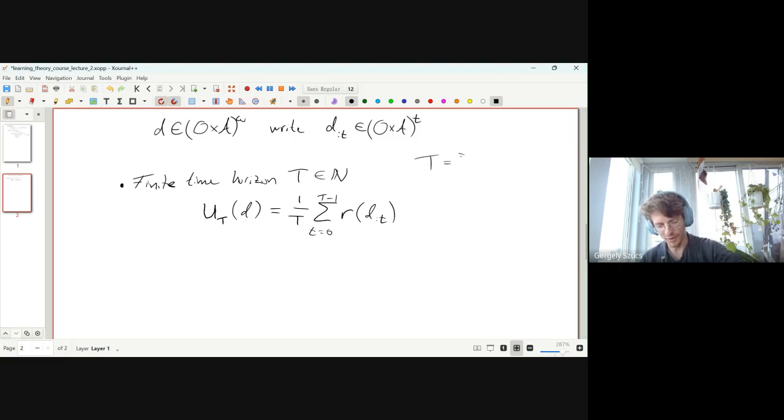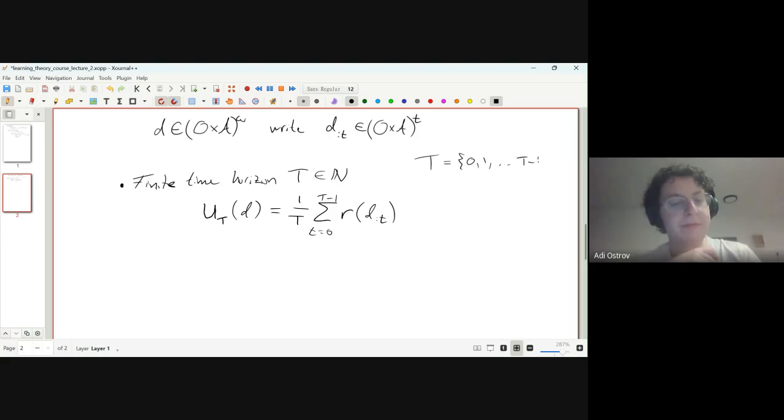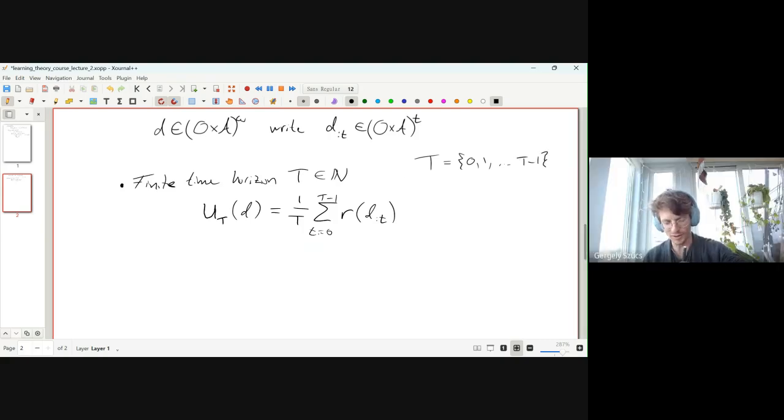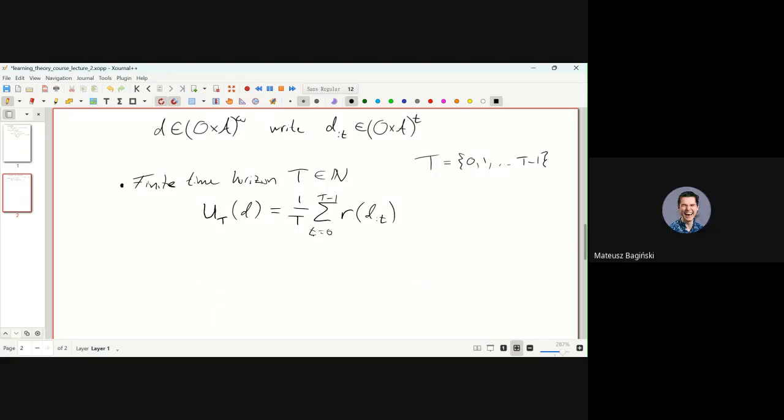Sometimes you can think of a number as just the list of indices of that number. I wrote little t and capital T, but maybe this is clear. We are constructing a utility function over infinite trajectories, but only the first capital T elements of this trajectory matter.